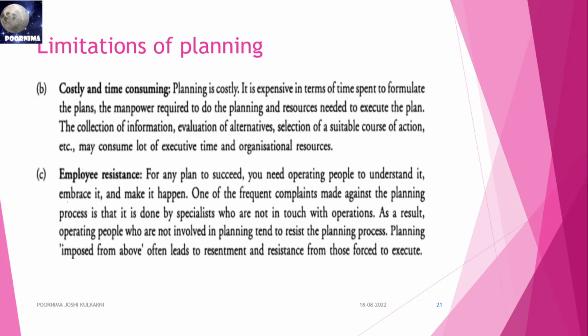People at the operation level should understand it, embrace it, accept it, do it, and make it happen. One of the frequent complaints made against the planning process is that it is done by specialists who are not in touch with the operations. As a result, operating people who are not involved in planning tend to resist the planning process. Planning imposed from above often leads to resentment and resistance from those forced to execute.